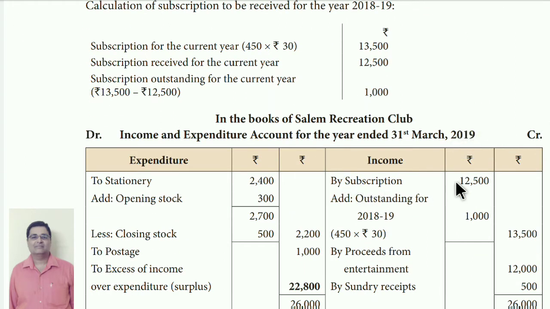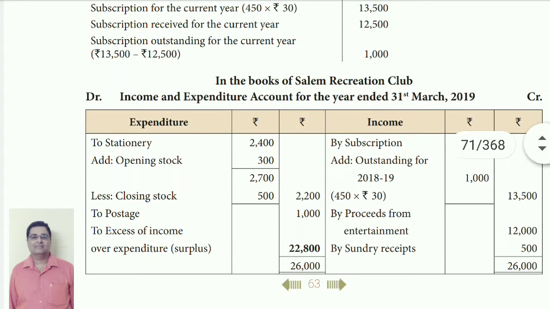By subscription 12,500. Add outstanding rupees. How much? 1,000. Because 13,500 minus 12,500, 1,000. We have to receive 13,500, but we received only 12,500, which is given in the question.